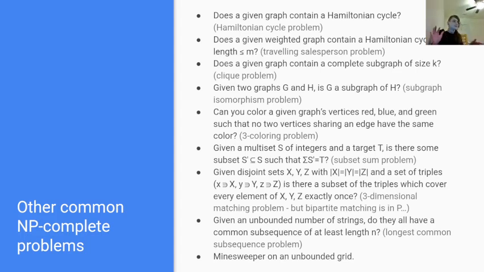And you want to know if you can add up some subset of your numbers to hit the target exactly, like right on the target. So if your target's 0, for example, then you need to balance out the positive and negative numbers so that it hits exactly 0. And you want to know if you can do that with the numbers that you're given. That is NP complete. It's the subset sum problem.